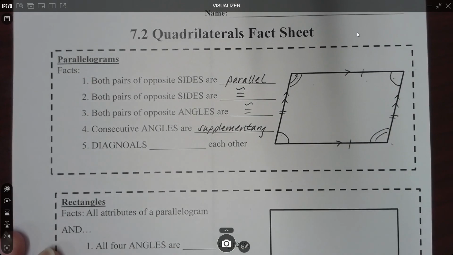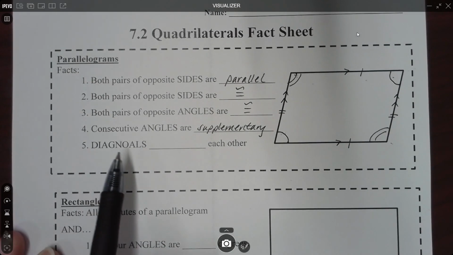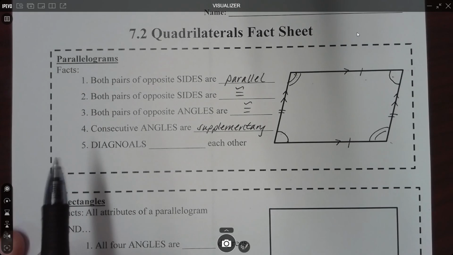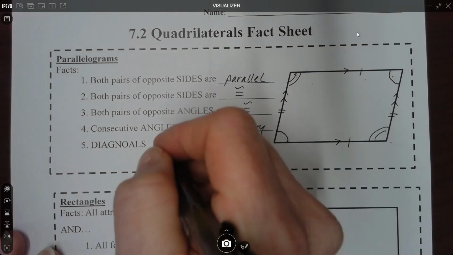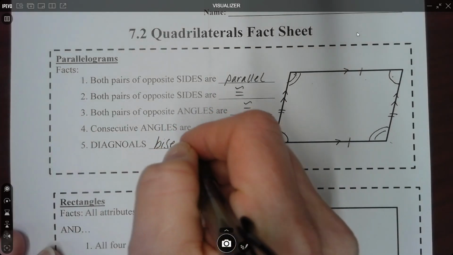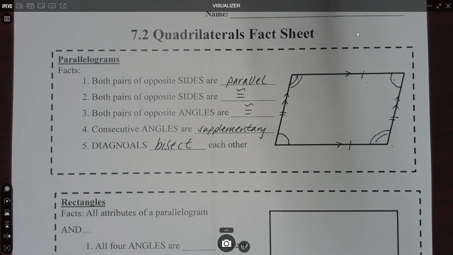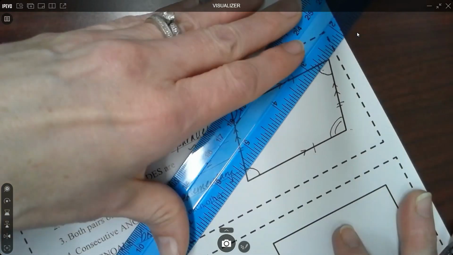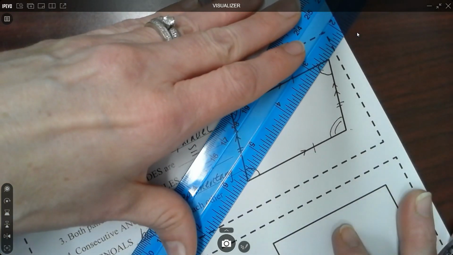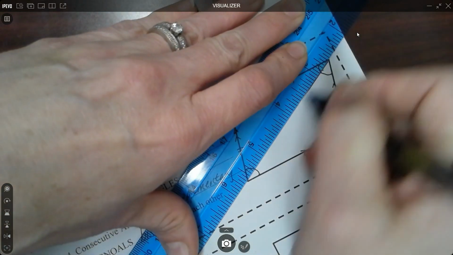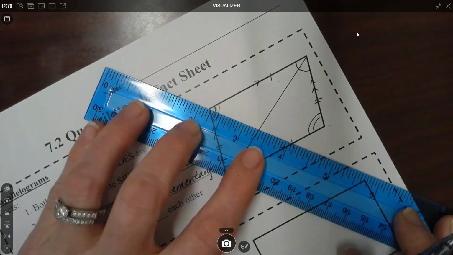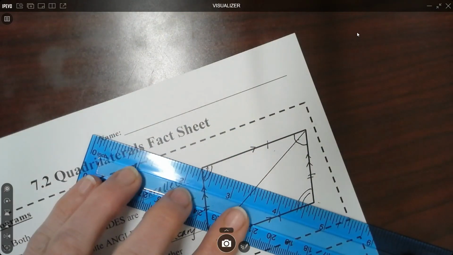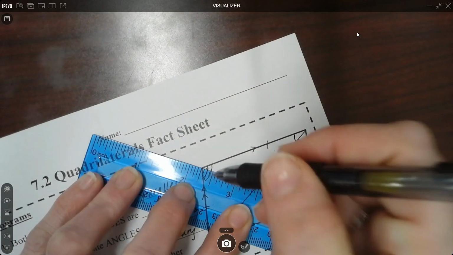And then something that we also know about all parallelograms is that the diagonals bisect each other. So if I was going to take right here and do a quick diagonal, make a diagonal. Okay, so what does it mean that the diagonals bisect each other?